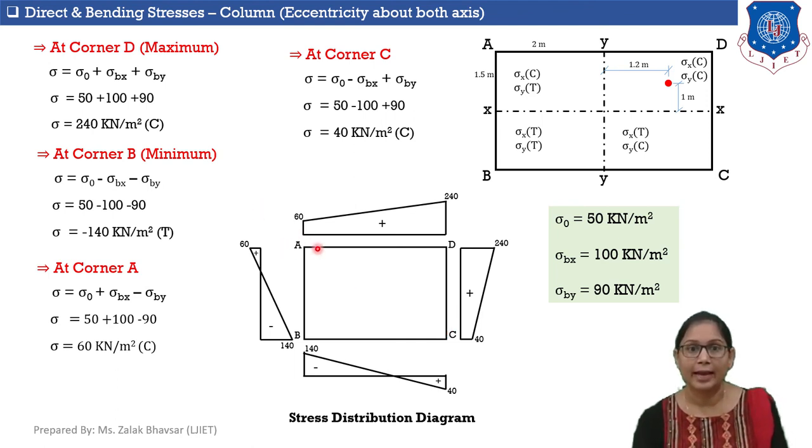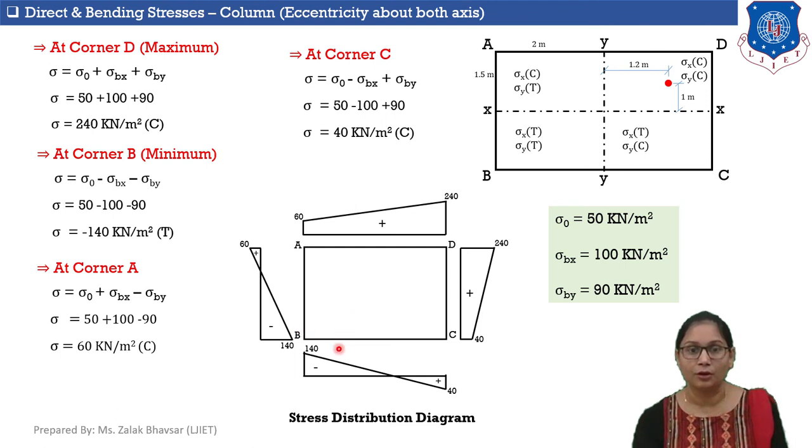Now at face AB, stress developed at corner A is 60 kilonewton per meter square, and total stress developed at point B is minus 140. So here I mentioned minus 140 kilonewton per meter square, and here is the stress distribution diagram for face AB.